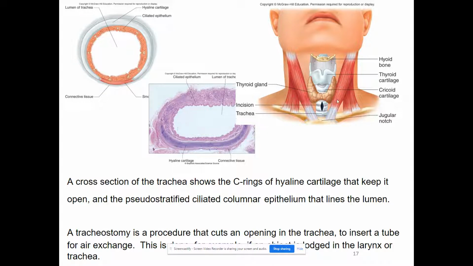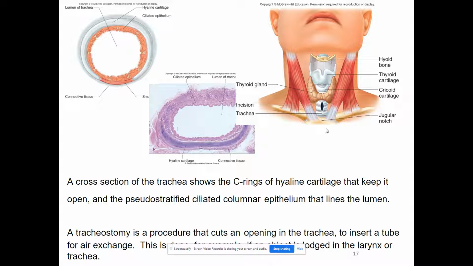In a crisis situation where something is lodged in the larynx or that part of the throat, and air cannot get into the lungs, and they're not able to get it out with the Heimlich maneuver, an incision could be created and a tube inserted so that person can be ventilated, and it allows for air exchange.